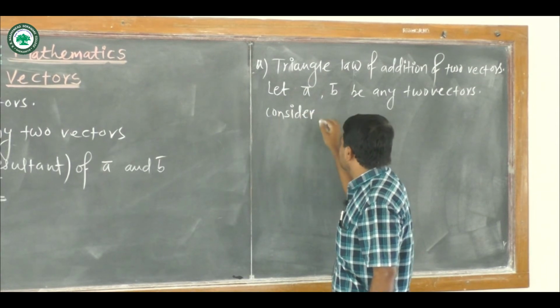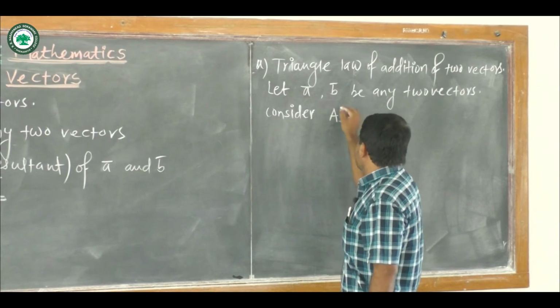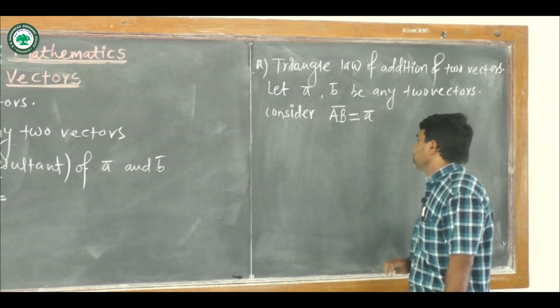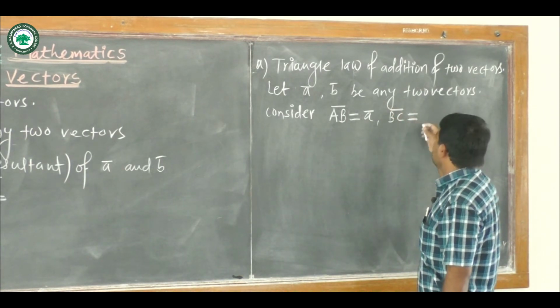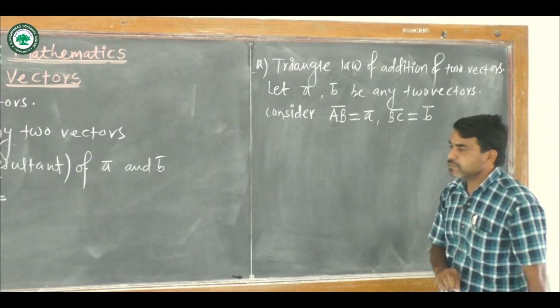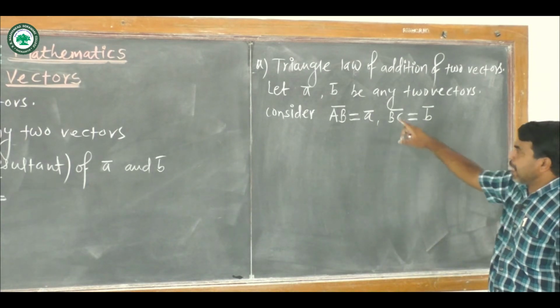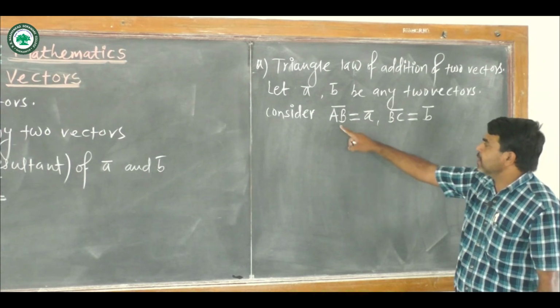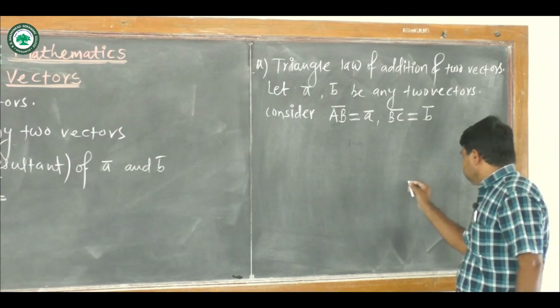Consider AB bar equal to A bar, BC bar equal to B bar. So we have two vectors A bar and B bar, and we consider these two vectors as AB bar and BC bar.